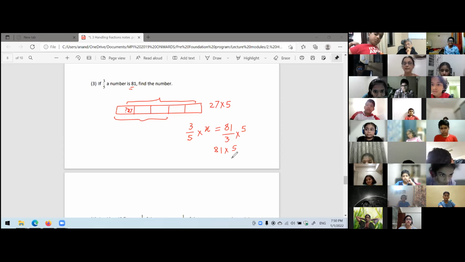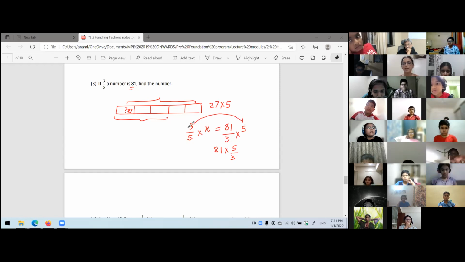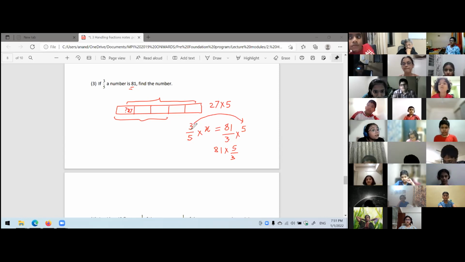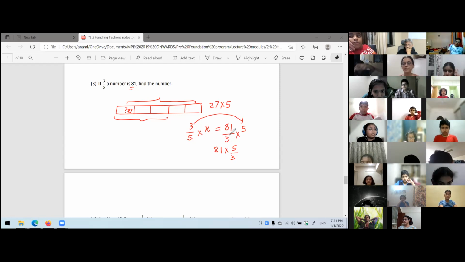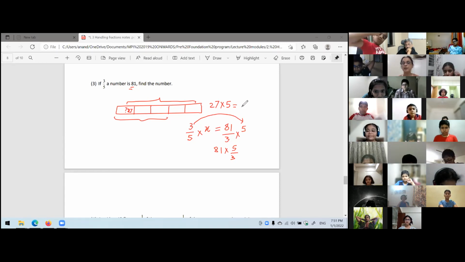The opposite. Did I not tell you? Across this magic river, n becomes d and d becomes n. So when you take a fraction on the other side of equal to, it becomes reciprocal. So x is equal to 81 into 5 by 3. Answer will be 27 into 5, whatever it comes. Understood?